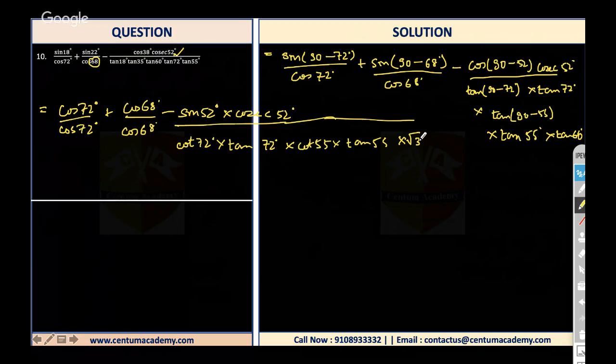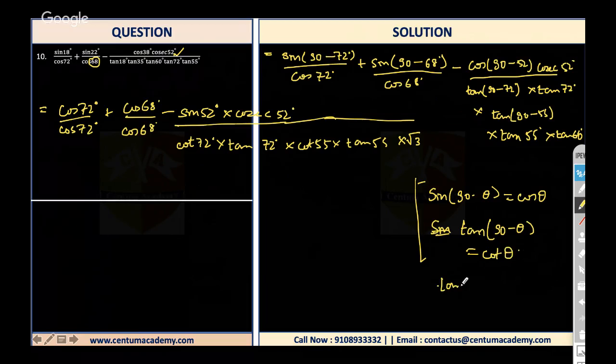So guys, you have to please remember, I'm not writing all of it, but you have to write all the rules which you used, right? So you have to write sine of 90 degree minus theta is equal to cos theta. Then tan of 90 minus theta is equal to cot theta, and tan 60 is equal to root 3.